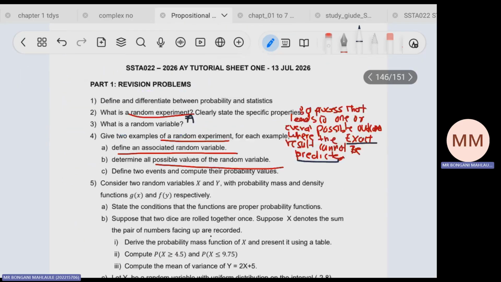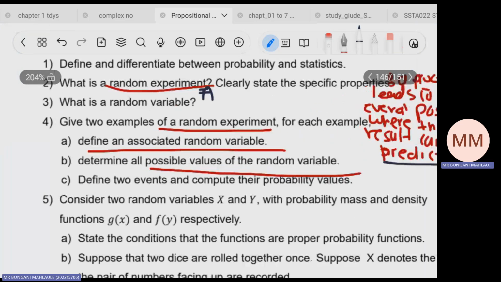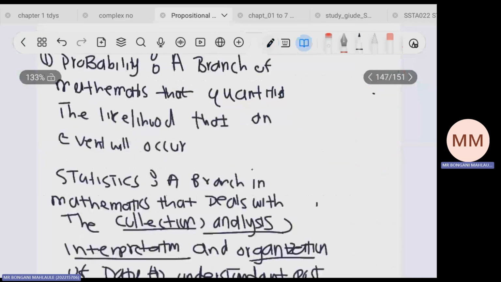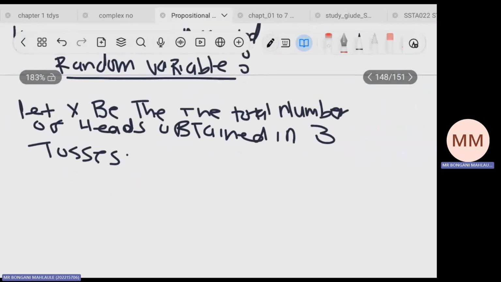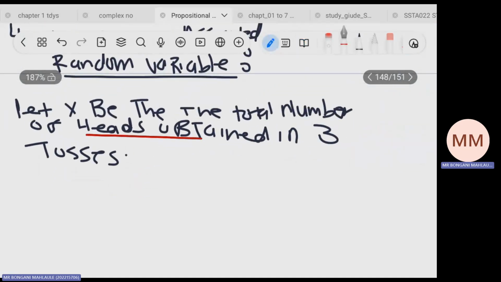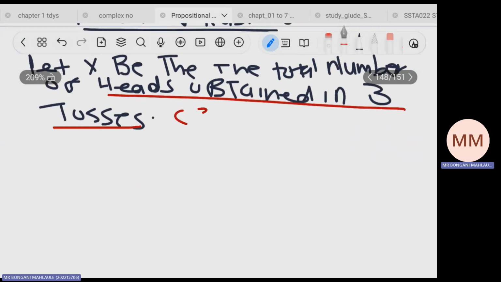Letter b, they're saying determine all possible values. So we want to write all the possible values when x is giving us the total number of heads obtained in 3 tosses if we toss a coin 3 times.